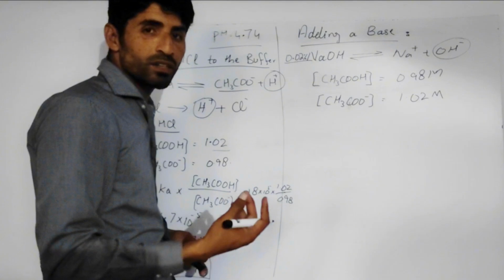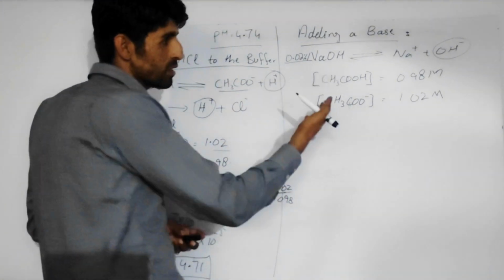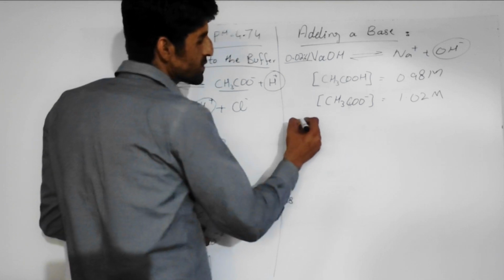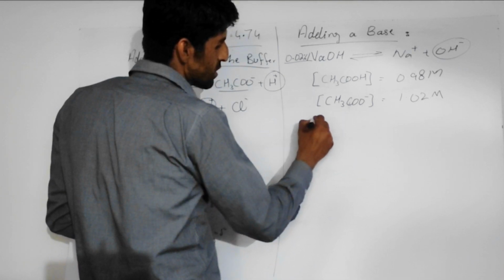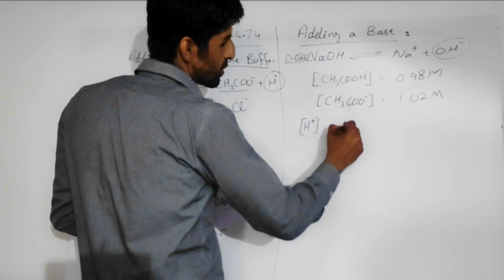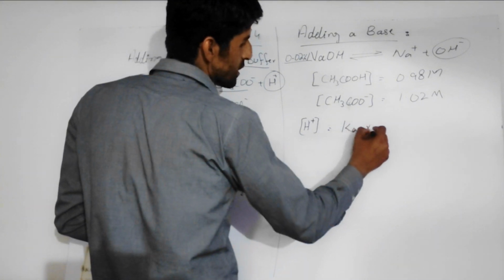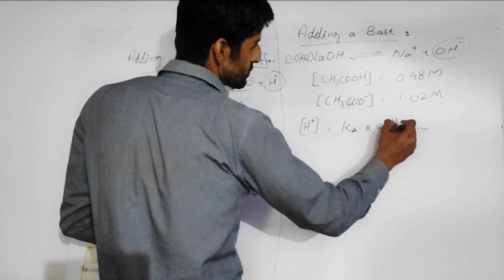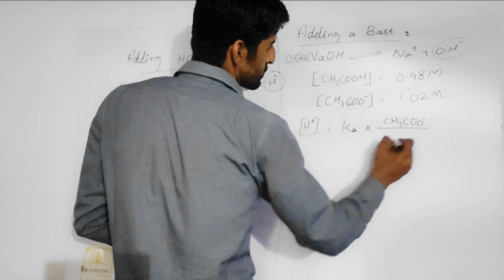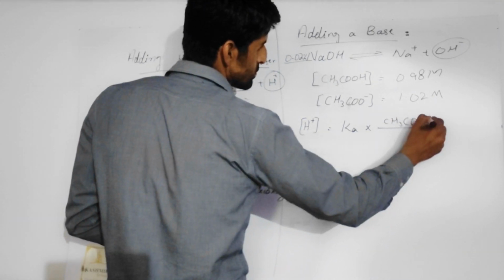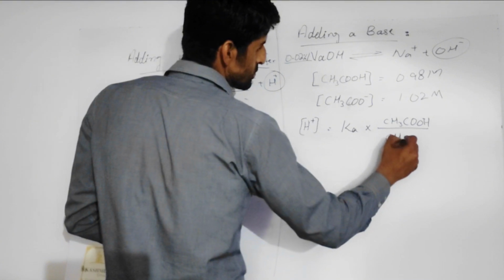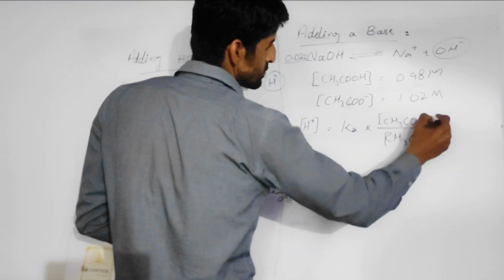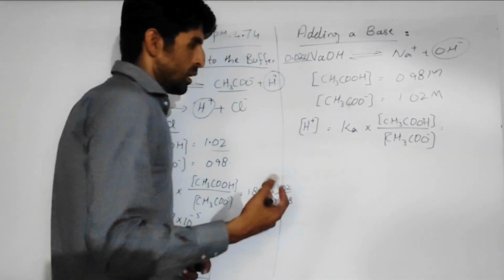Now if we find the concentration of hydrogen ions present in the solution upon the introduction of a base, the concentration of hydrogen ion will be the dissociation constant of the acid multiplied by the molar concentration of acid over acetate in this case.